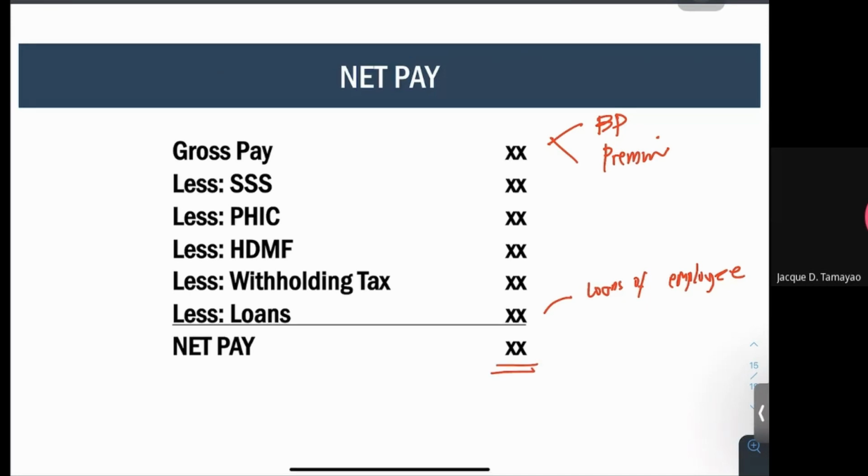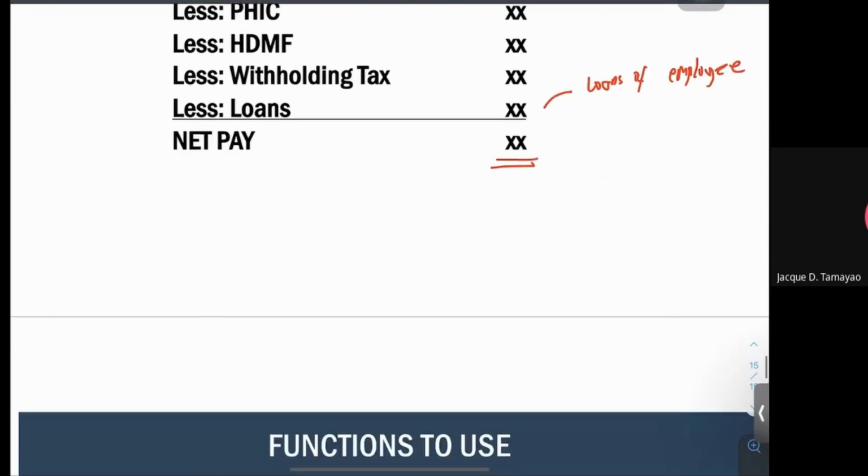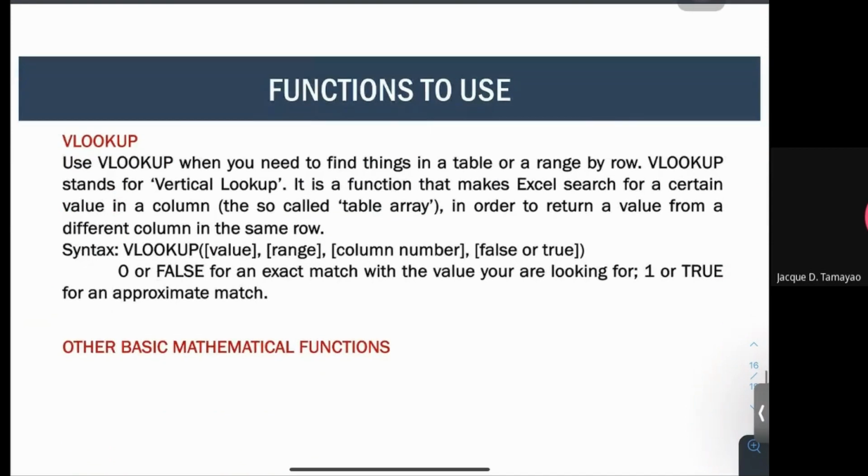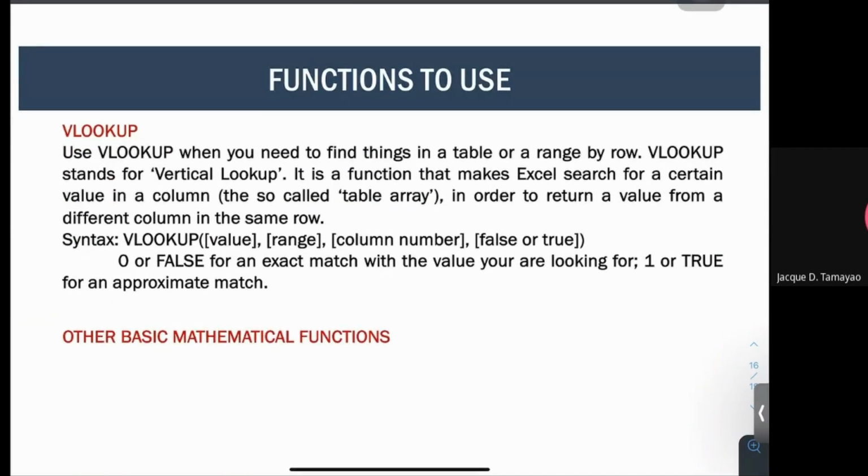So what are the different functions that we will make use of for the automation? We will only make use of the following functions. First, a VLOOKUP. VLOOKUP is used to find things in a table arranged by row. VLOOKUP stands for vertical lookup.